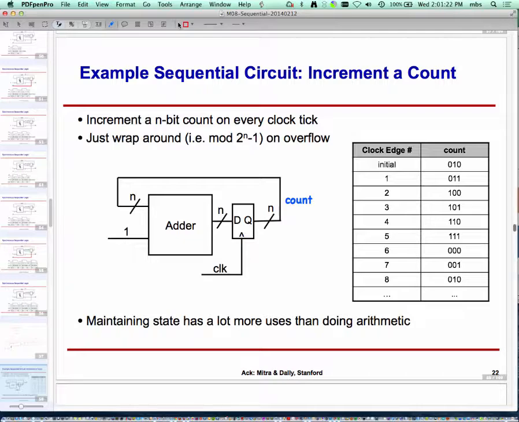So last time around we saw circuits that try to remember some of the history, which is what you call a state.